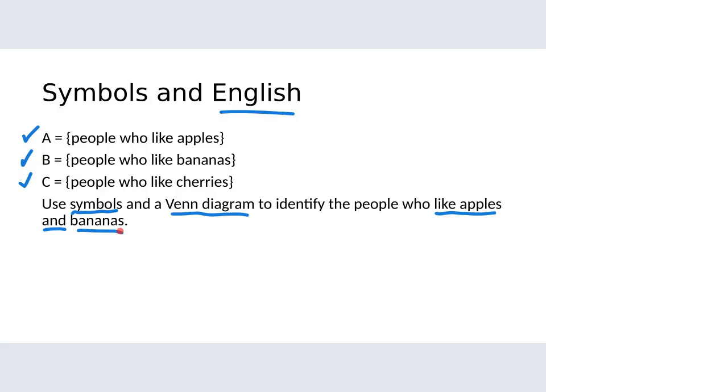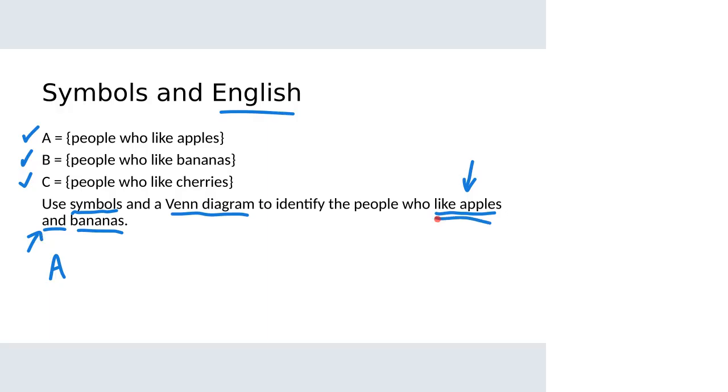You may find it easier to go to the diagram first and then the symbols. That's not common, but you might. It's okay if you do. I'm going to go to symbols first and then draw the diagram from there. So people who like apples, well, those are the people in set A. And that's overlap, intersection, and the elements that are in both sets.